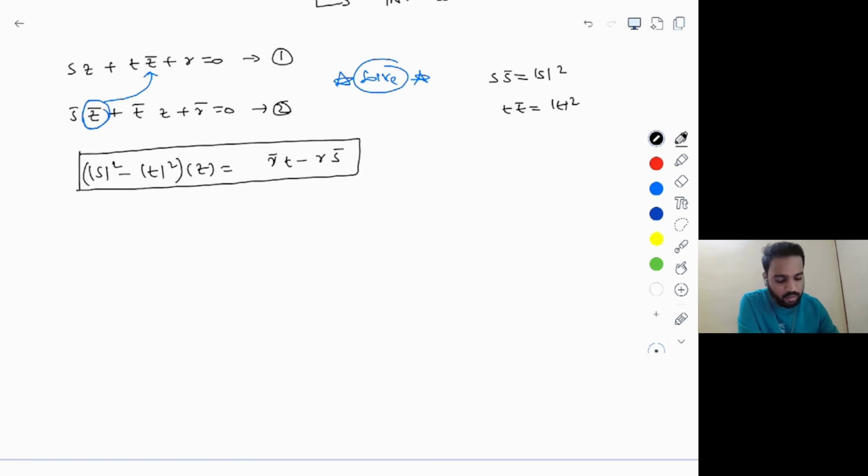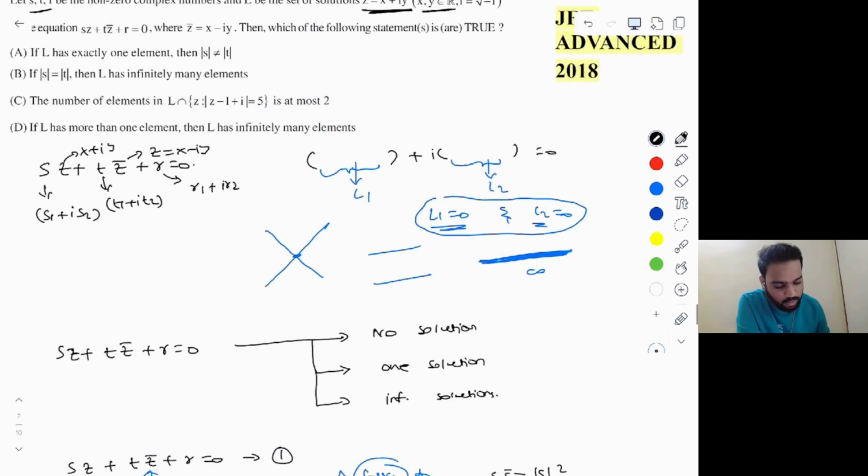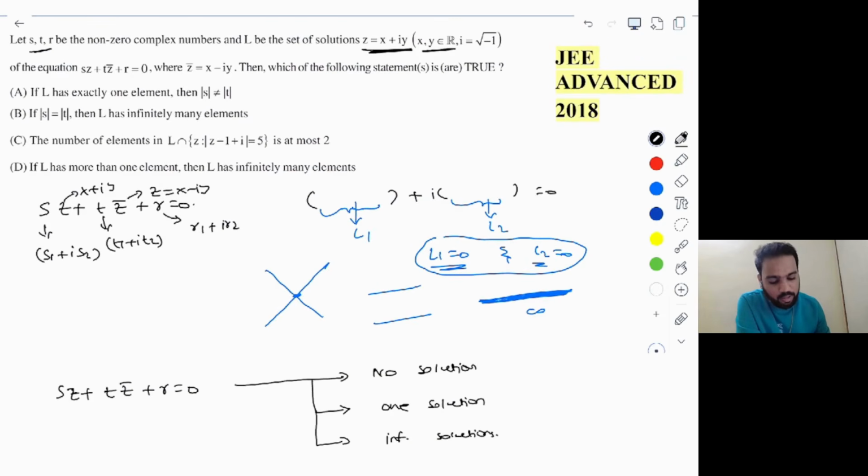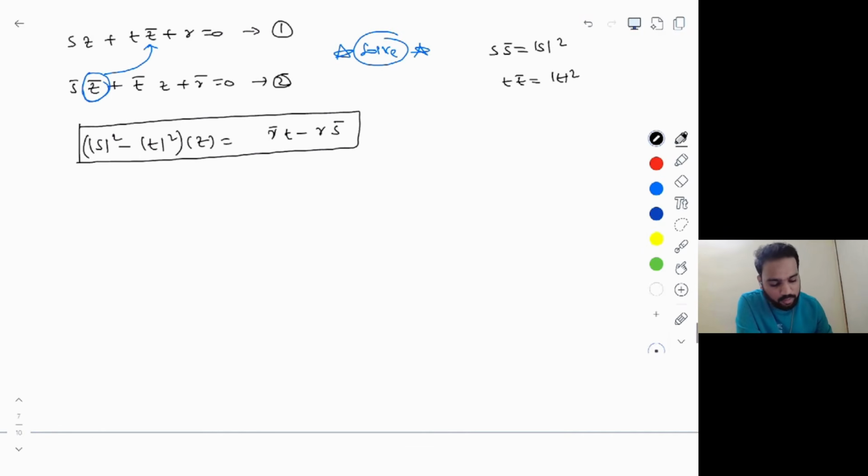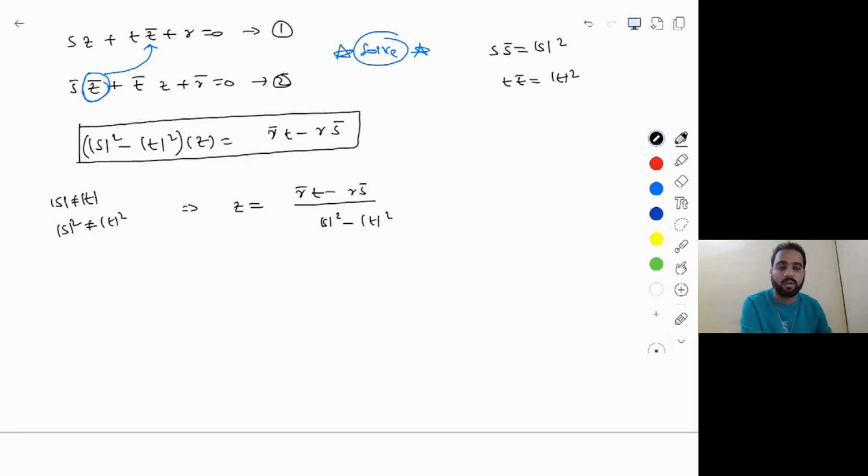Let's take the first option: L has exactly one element, then mod S is not equal to mod T. So very clearly, if mod S is not equal to mod T, then mod S whole square is also not equal to mod T whole square. From that, you can write down Z is equal to R bar into T minus R into S bar, whole divided by mod S whole square minus mod T whole square, just because you know that the denominator is not 0 here.